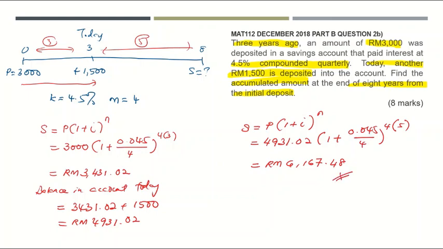This is the accumulated amount at the end of 8 years from the initial deposit. Hopefully this gives you some ideas on how to solve problems similar to this situation.